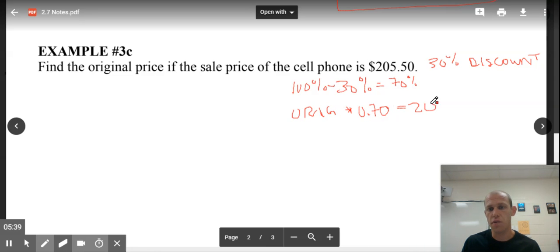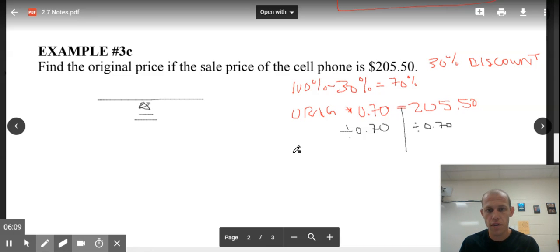And that is going to come out to 205.5, they tell me. So what was the original? We're going to undo what just happened. So if it is multiplied by 0.7, we're going to do the opposite, which is divide by 0.7. To both sides, we want to keep our balance beam equal, and the equal sign is this pivot point.